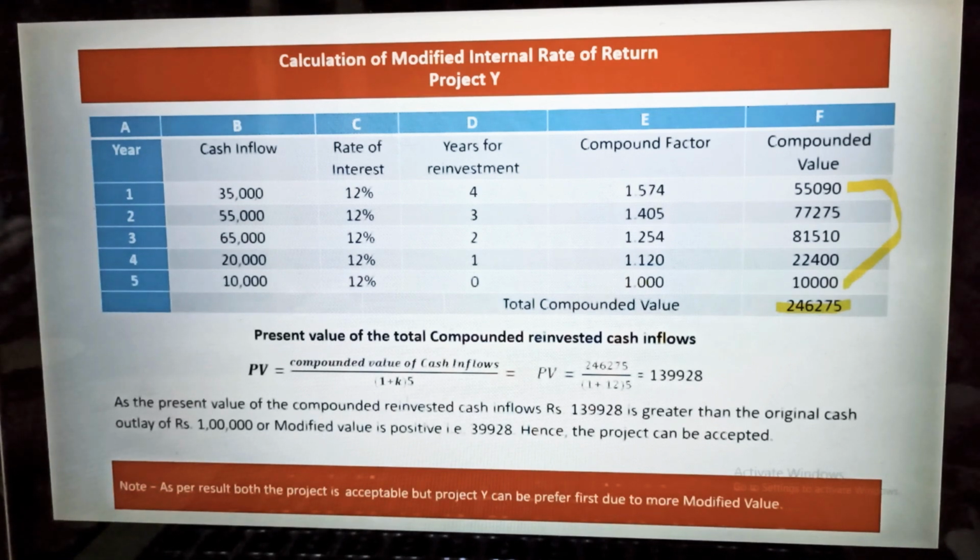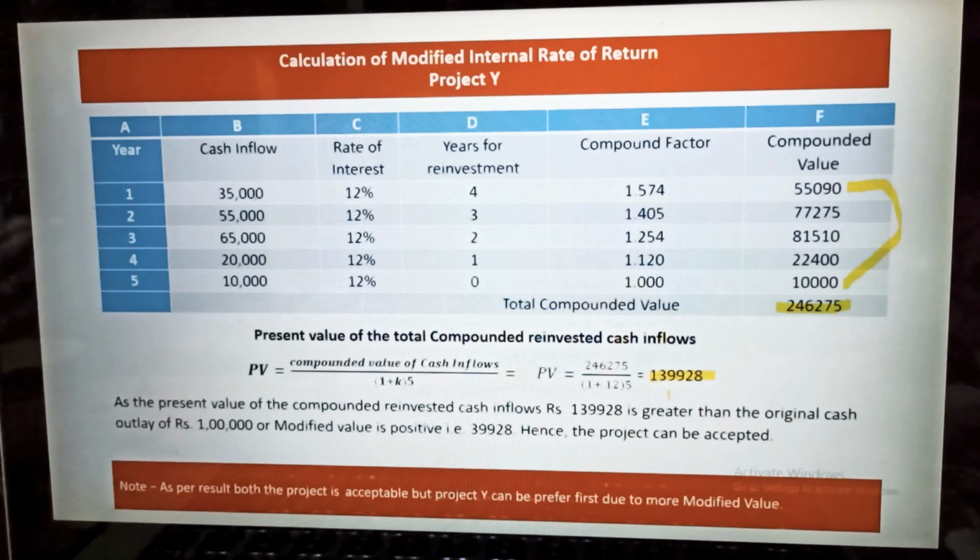Then again I put it into the formula: compounded value of cash inflow divided by (1 plus K) to the power 5 is equal to PV. We have calculated 246,275 divided by (1 plus 0.12), where again 12 divided by 100 is the 12%, then power 5. When you calculate, you will get 1,39,928.